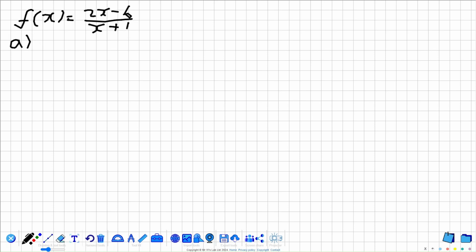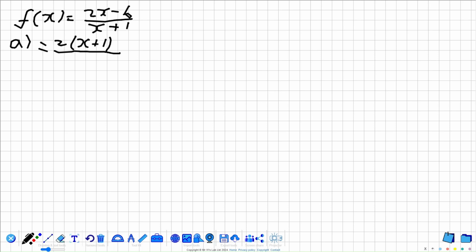So we've got this function, and what we are going to do is rearrange it slightly. We want to bring the denominator into the numerator where the x is. That might sound a little confusing, but what I'm going to do is put 2, and then put the denominator in, which is x plus 1.